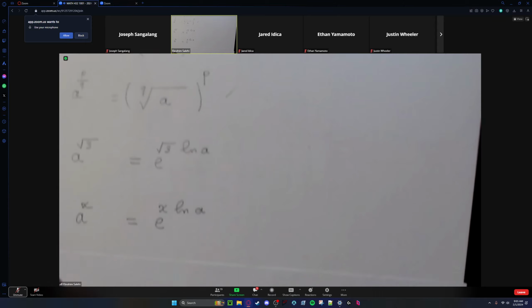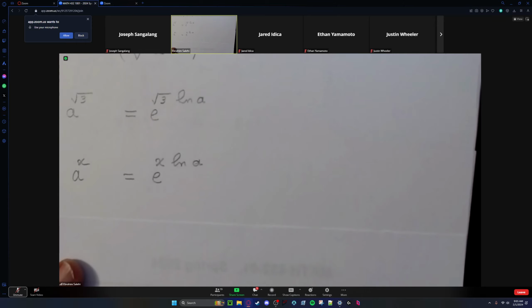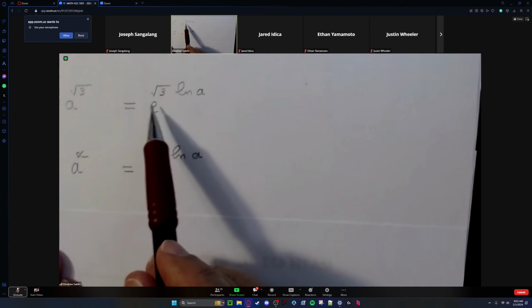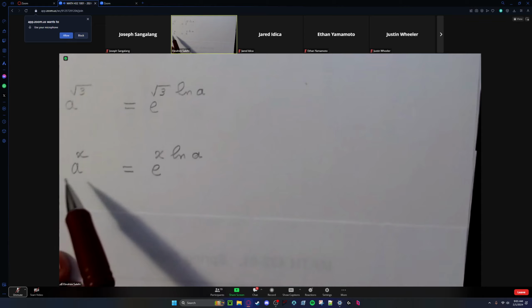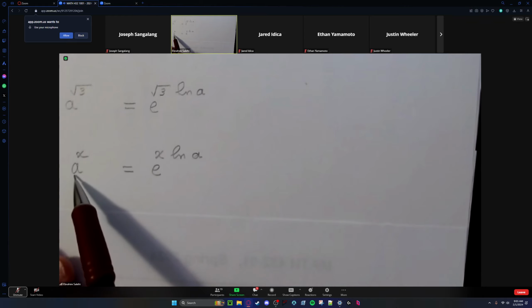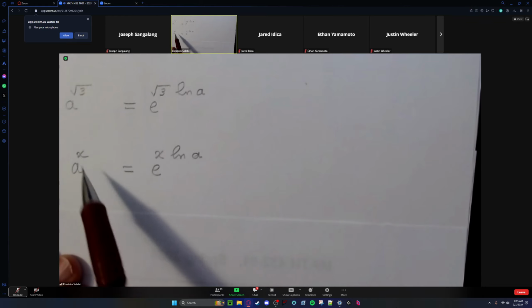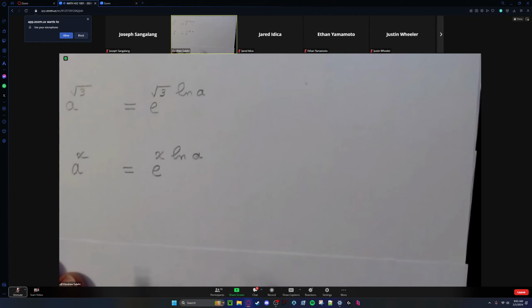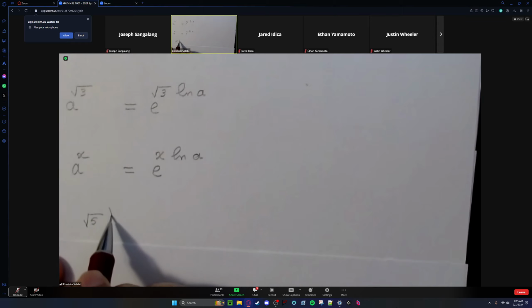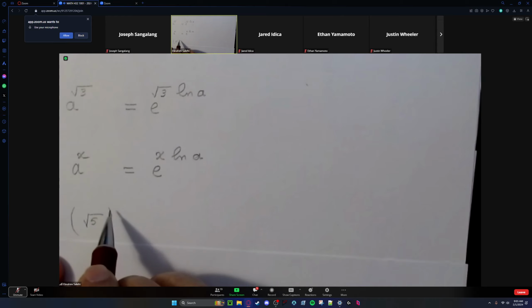In general, this is what we did. Of course, this part we did in calculus after learning about exponential function. What is a to the x? It's right here. What is, for example, the square root of 5 to the square root of 2?